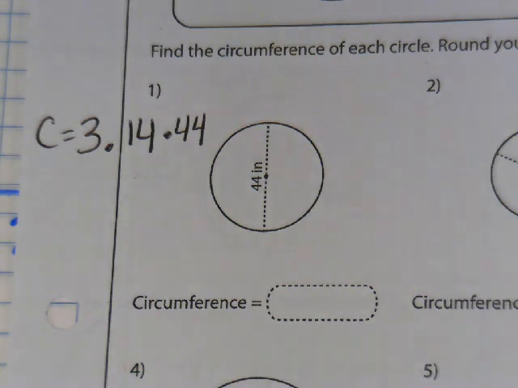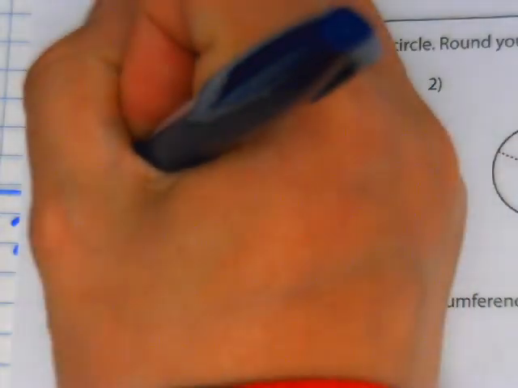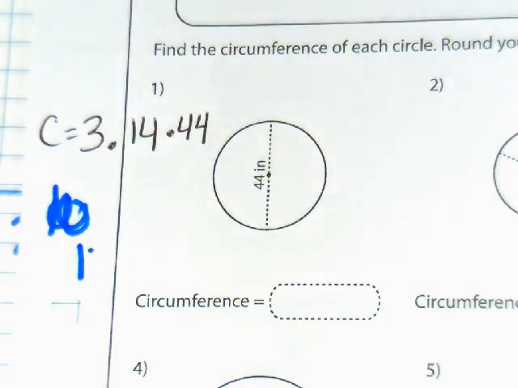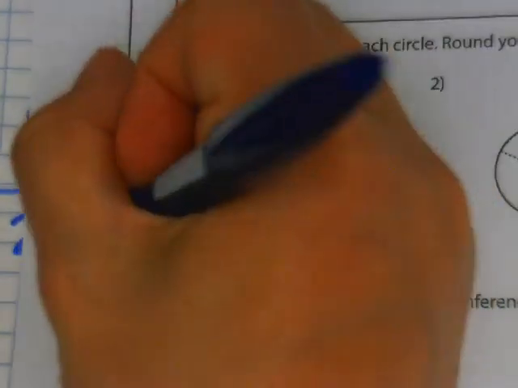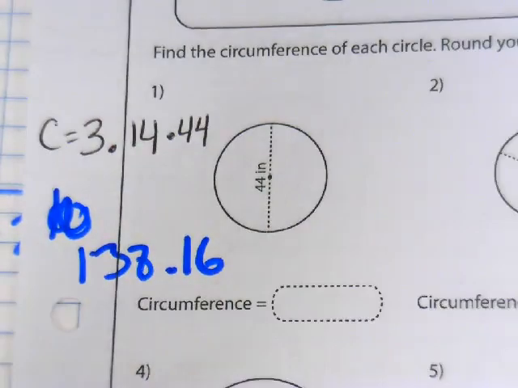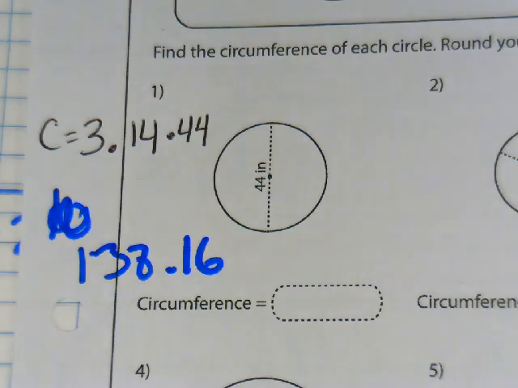I'm kidding. Okay, what do we get? 138.16. Well, we're not there yet, Ben. 3.14 times 44 is 138.16.